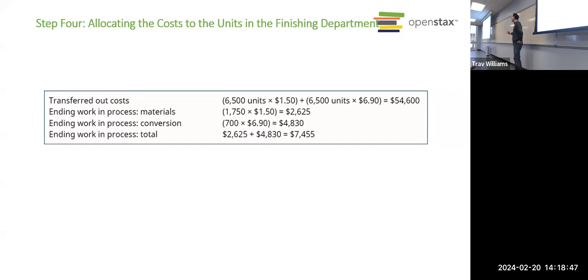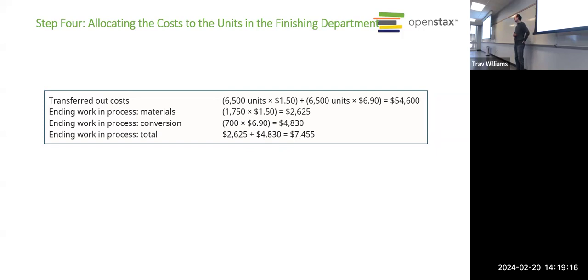For what got transferred out. However, for your ending work in process, you have to do those separately. The equivalent units for materials times the material cost per unit, the equivalent units for conversion times the conversion cost per unit. We add those two numbers together to get our total work in process.